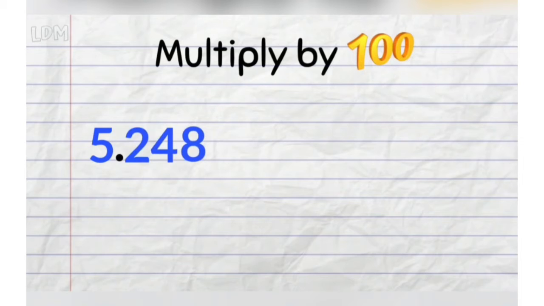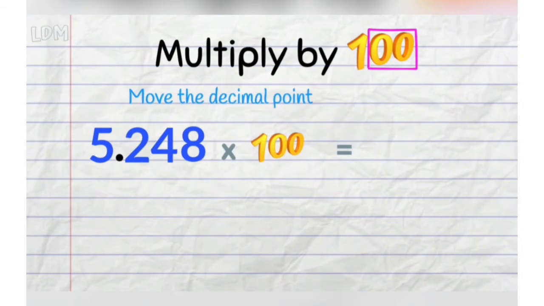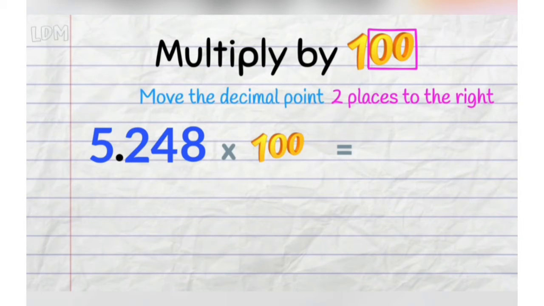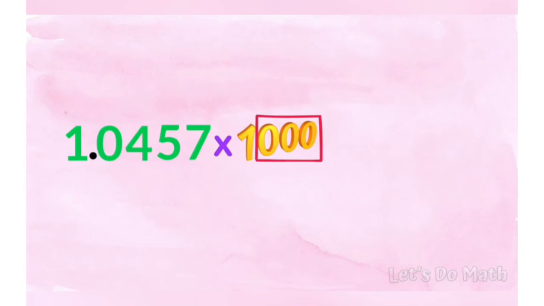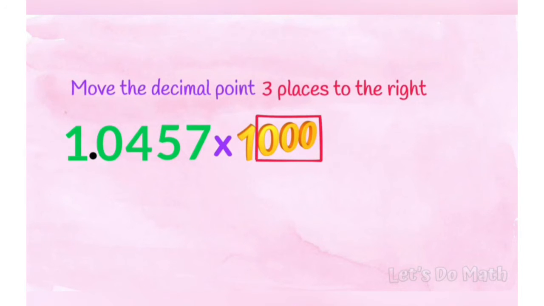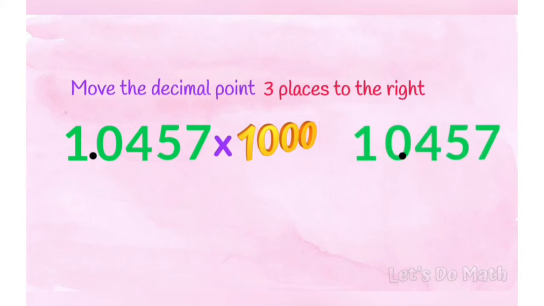The same way, if we have 5.248, we can multiply by 100 by shifting it twice, so it becomes 524.8. You shift it twice because there are 2 zeros. Also we have 1.0457 multiplied by 1000. We shift 3 times: 1, 2, 3. So you have 1045.7.